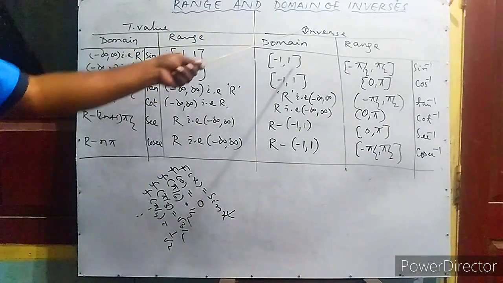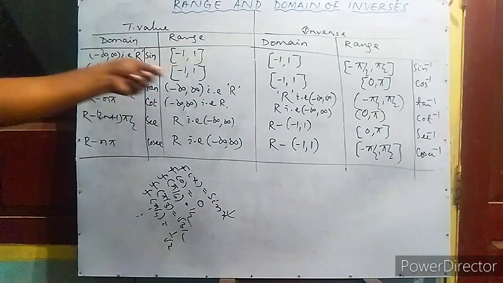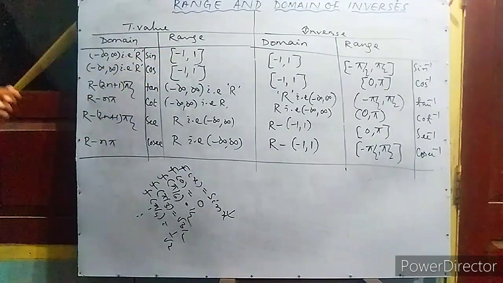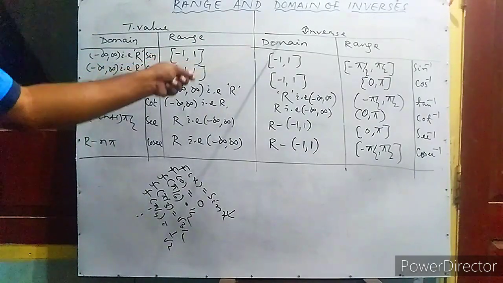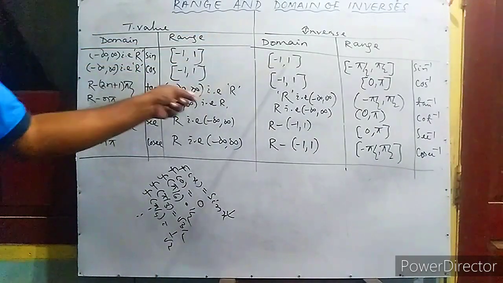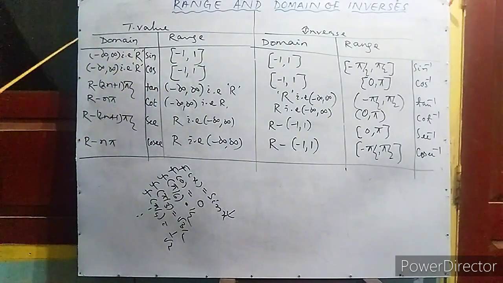Now get it. In the case of sin inverse, the range becomes the domain and the domain becomes the range. Look here, this is the range of sin, and this is the domain of sin inverse. And here it is the real numbers, minus infinity to plus infinity.